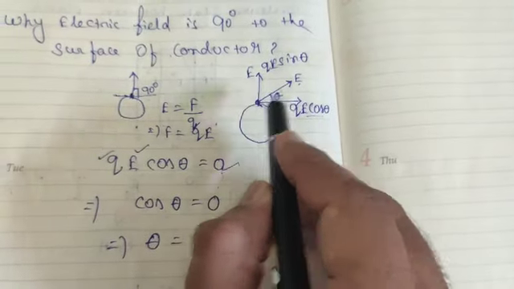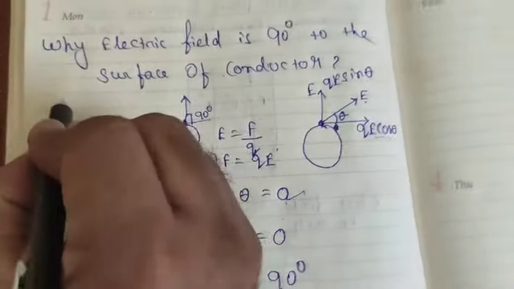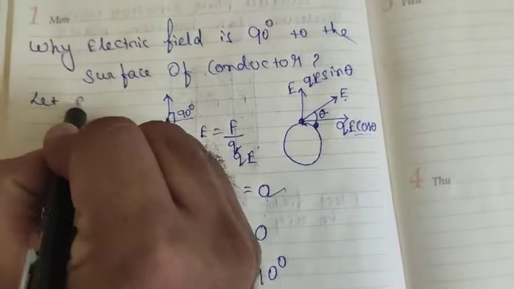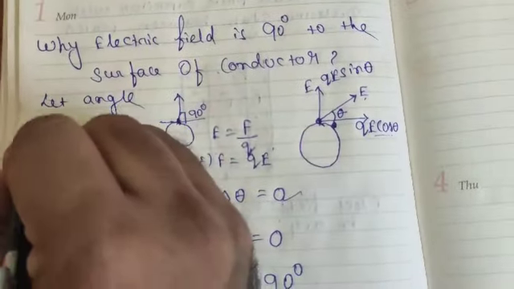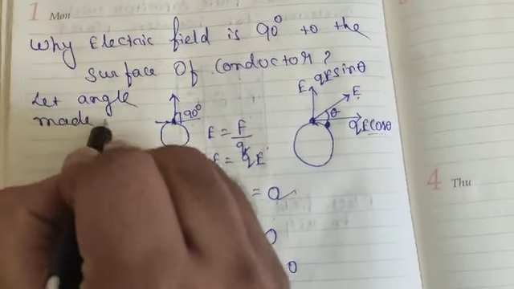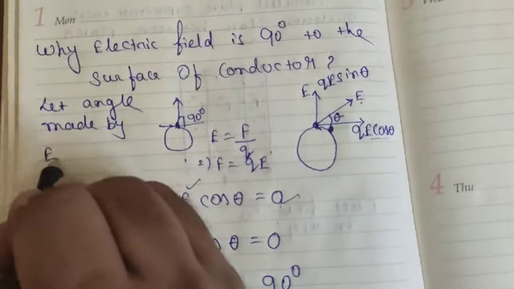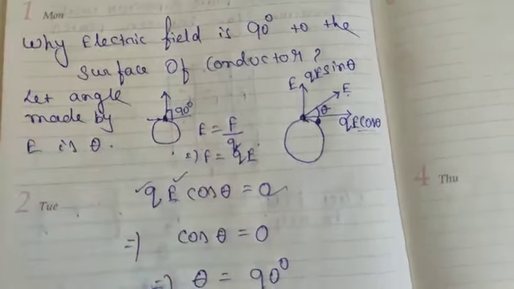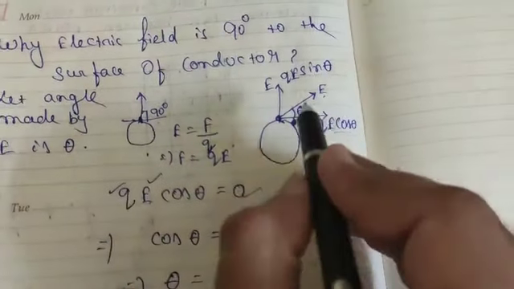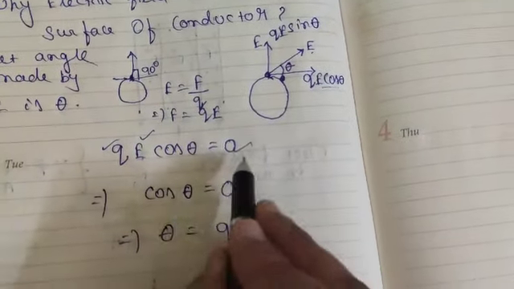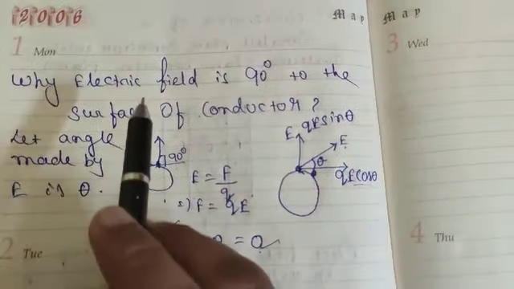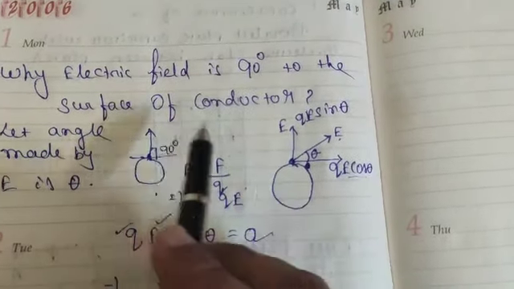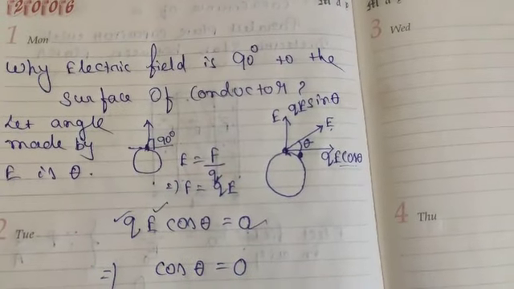That much you have to write in this side. Let angle made by E is theta. Okay, then you draw this one, prove this one. So theta equal to 90 degree, and at last you will write electric field is 90 degree to the surface of conductor. Thank you.